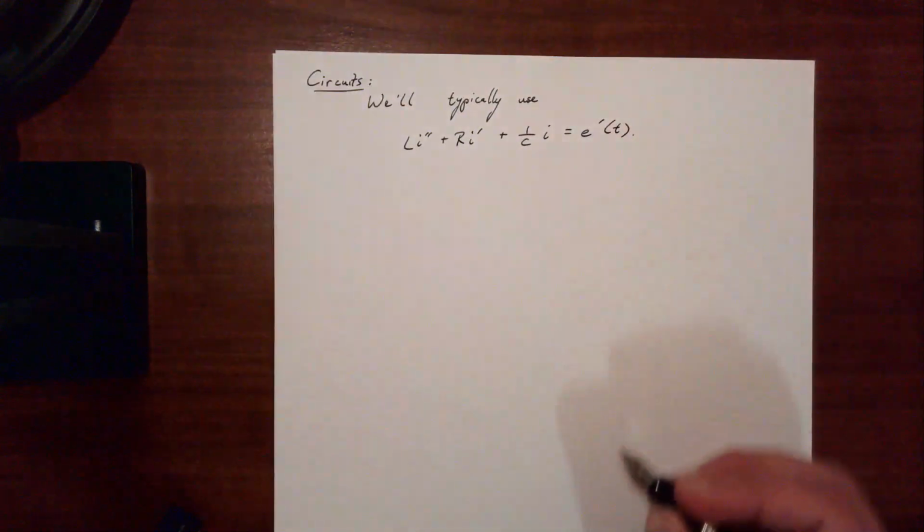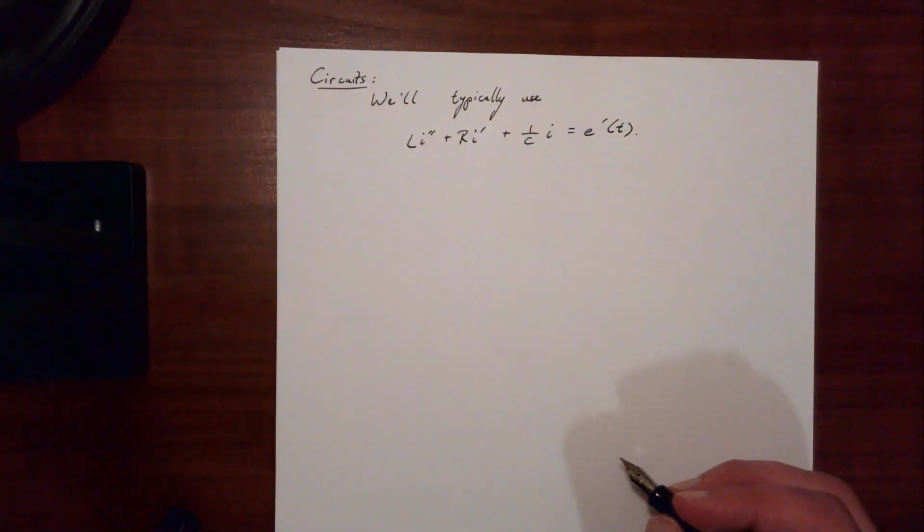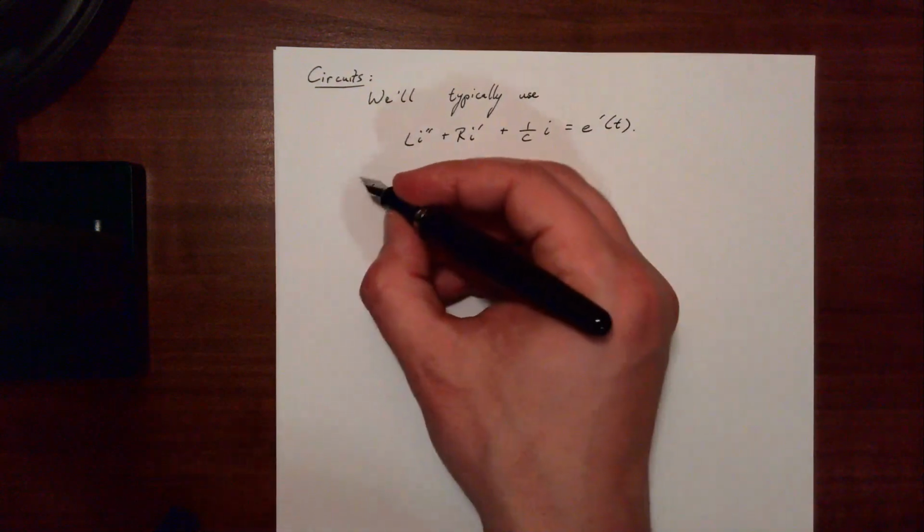But we won't usually have I prime of 0 given to us, and so we'll need to solve the equation for it.